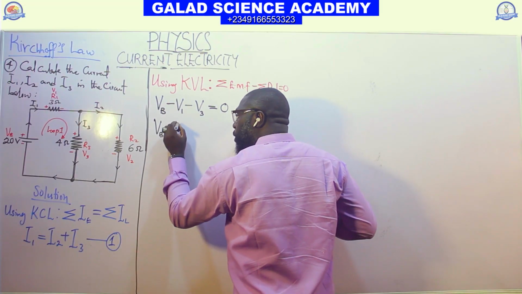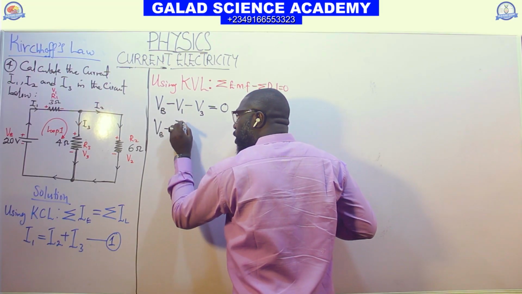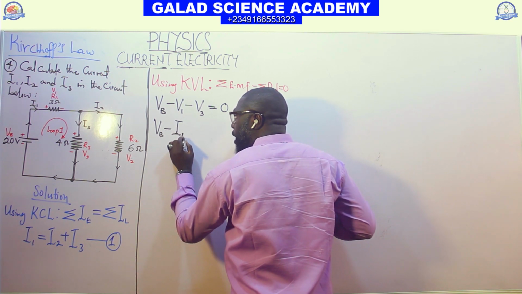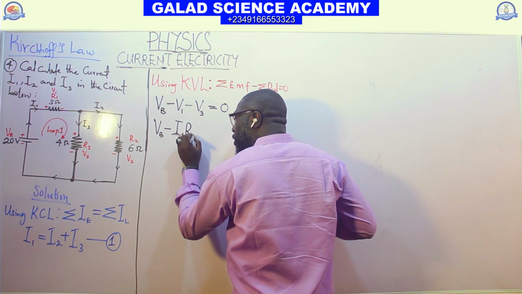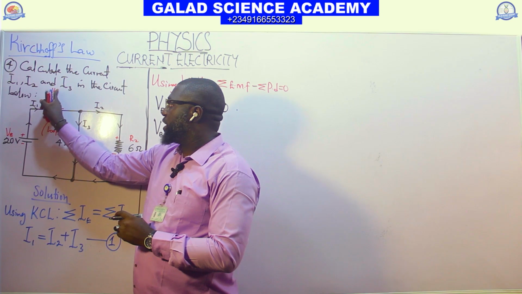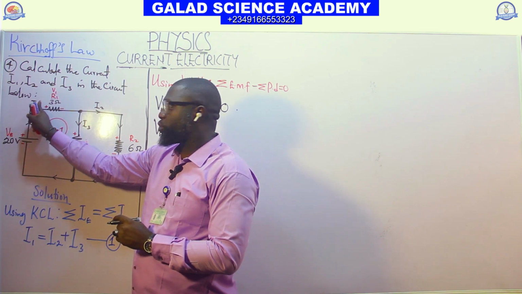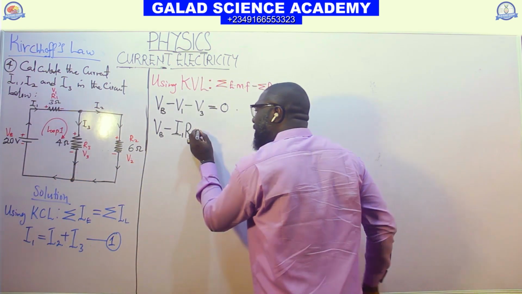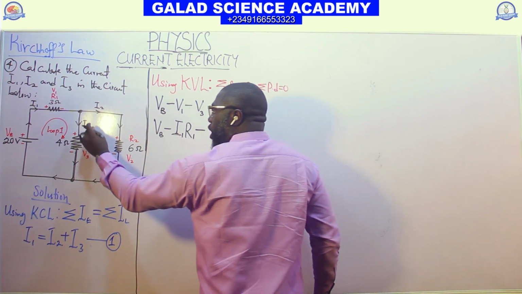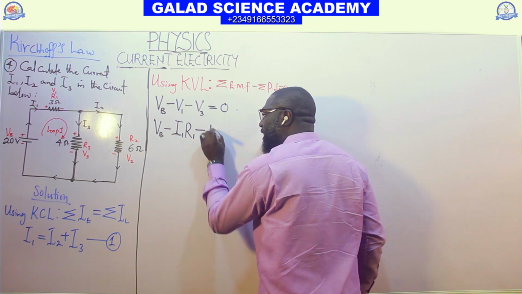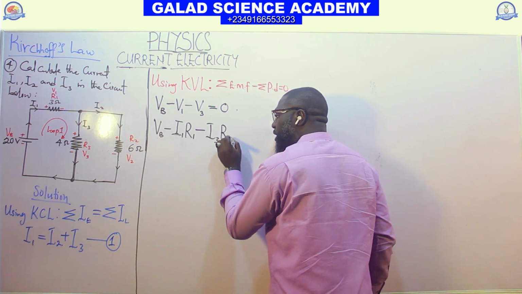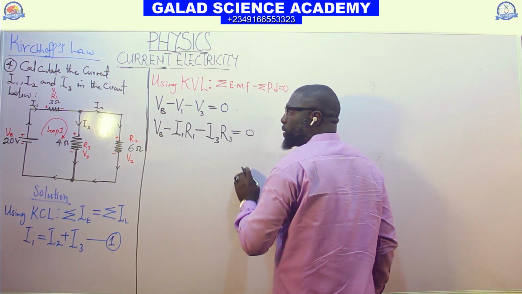So this VB minus this one will be what? Current I1 and resistance R1, so R1 times current I1, minus the voltage of its own current I3 and its own resistor R3, equal to 0.